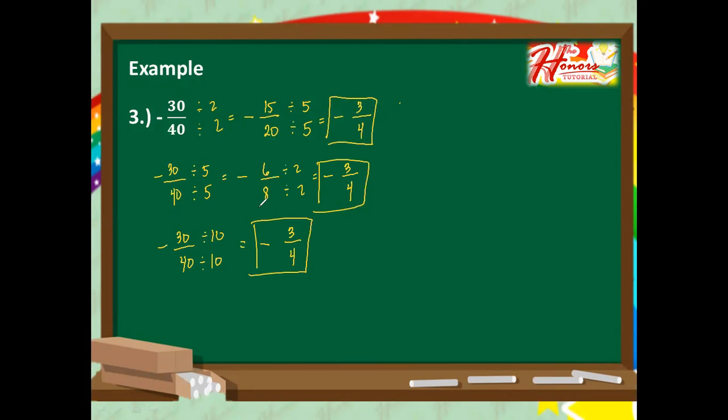So therefore, you have to use the biggest possible number that can divide your numerator and denominator at the same time, so you do not consume a lot of time. Just like what happened here and here for 2 and 5. So kindly use the biggest possible number.